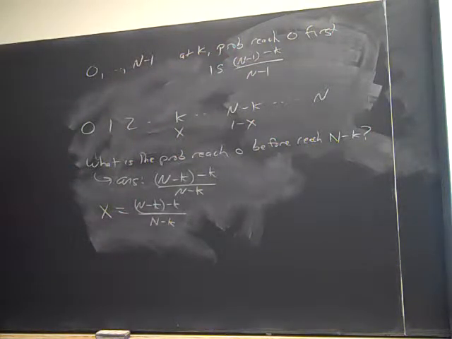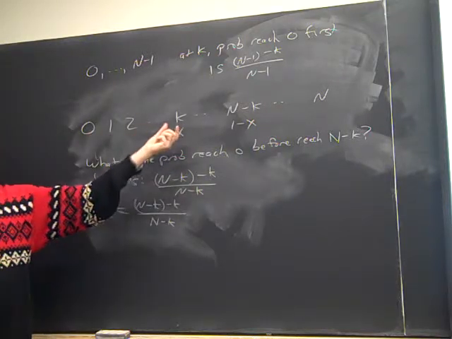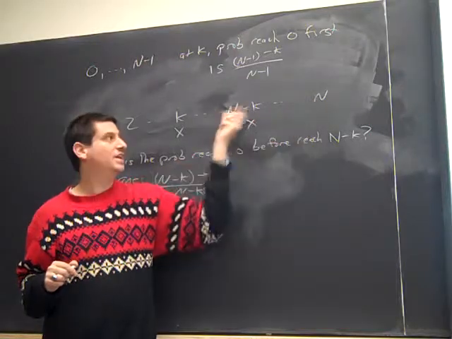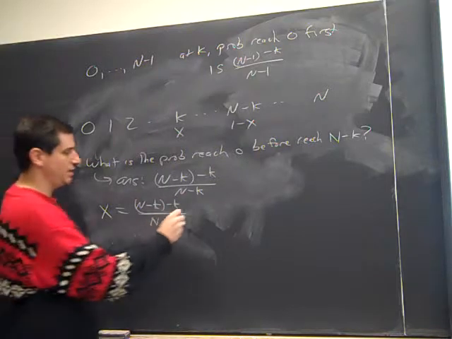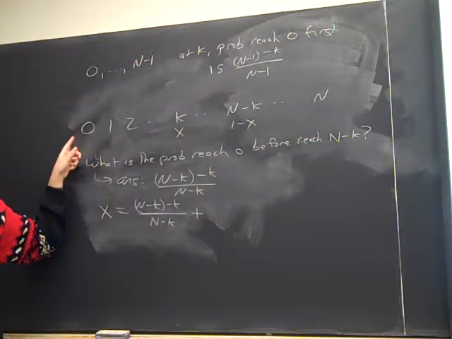So what's the probability I reach 0 first? Well, first I could calculate the probability I get to 0 before I get to n minus k, because if I'm going to get to n, I've got to get to n minus k first. Now that I'm at n minus k, what's the probability I've reached n minus k before I reach 0?